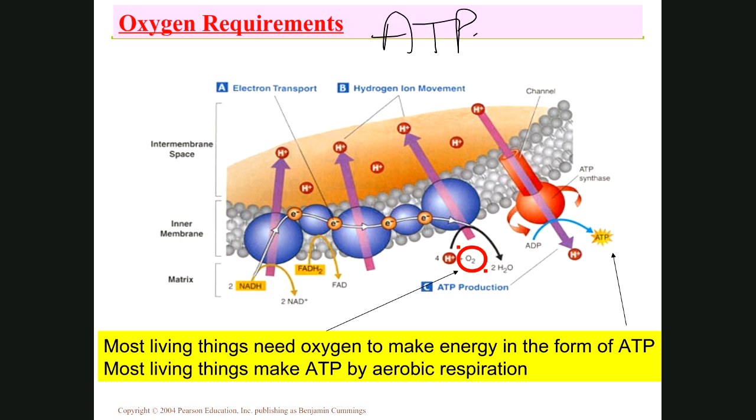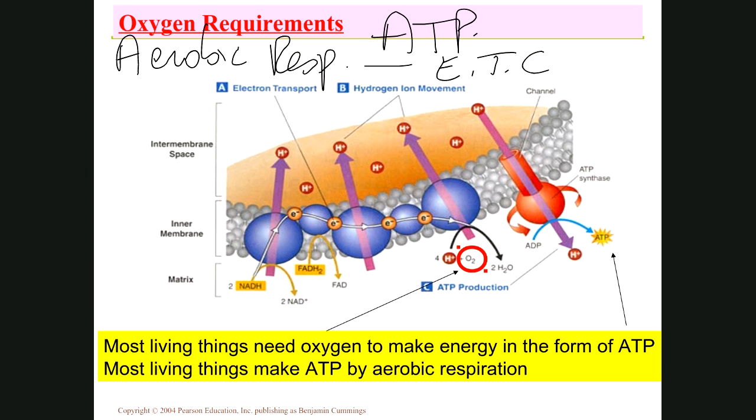If you remember biology 1406, you were taught that cells made energy by a process called aerobic respiration, which took place in an electron transport chain. And in the electron transport chain, oxygen was the final electron acceptor.